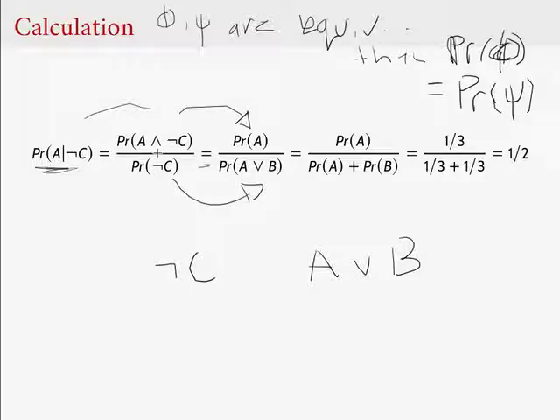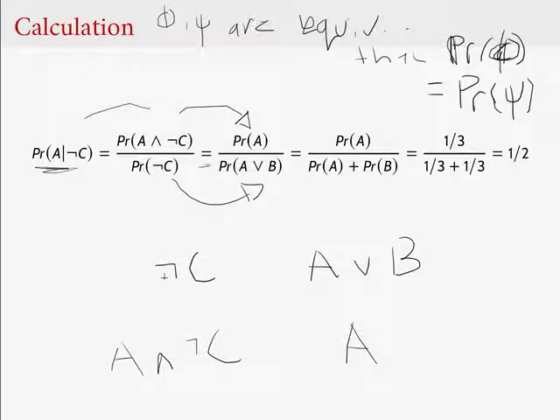How is it that we swap out the probability of A and not C with the probability of A? Well, the reason for that is the same rule here, which is that A and not C is actually equivalent to A. Now, why is that?